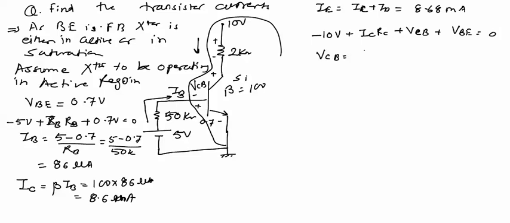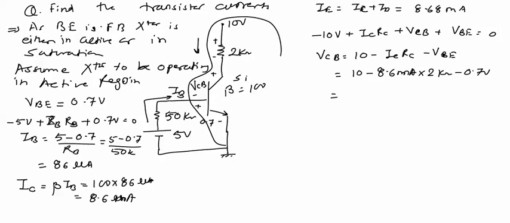Now VCB equal to 10 minus IC into RC minus VBE, which is 10 minus 8.6 milliamperes into 2 kilo ohms minus 0.7 volt, which is minus 7.9 volts. VCB is coming negative.